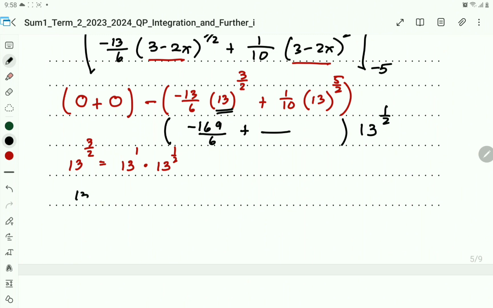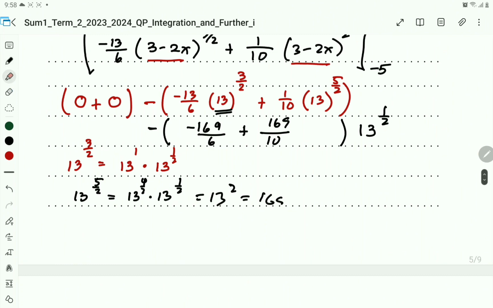Please take a look. 13 to the 5 over 2 is the same as 13 squared times 13 to the 1/2, or 169. So this is 169 over 10. But there's a negative outside, so this becomes positive and this becomes negative.